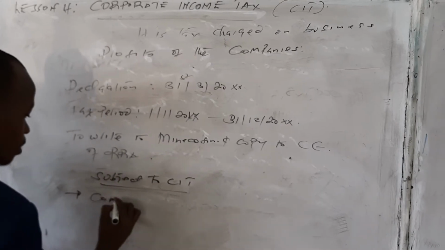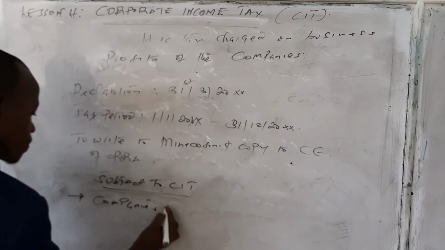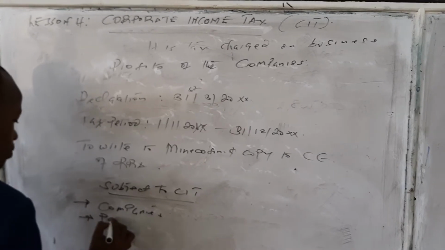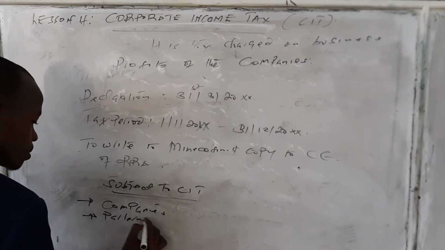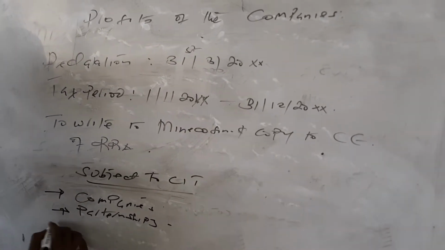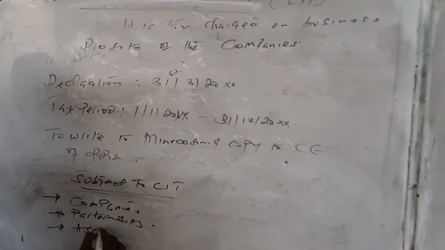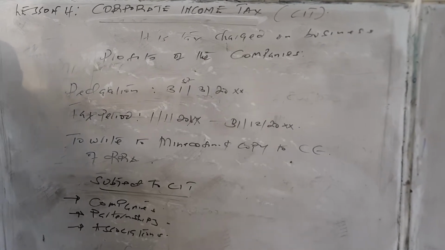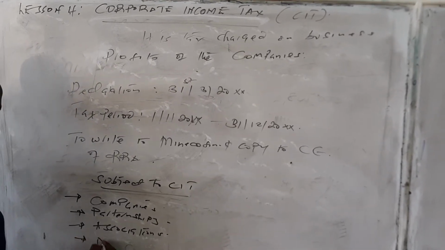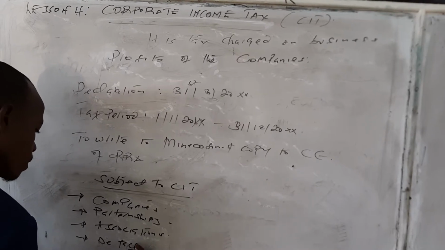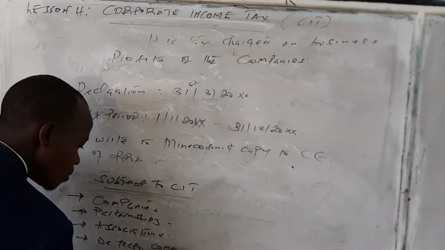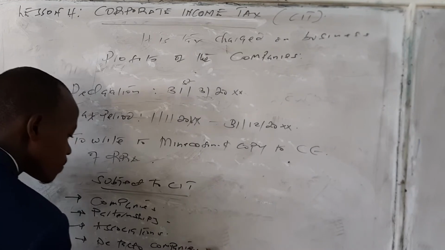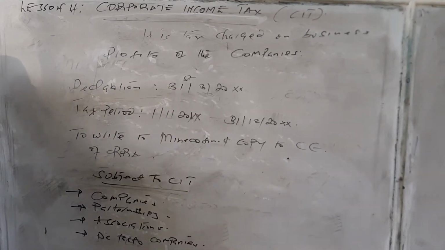We can talk of companies, partnerships, associations, de facto companies, and commercial public institutions.